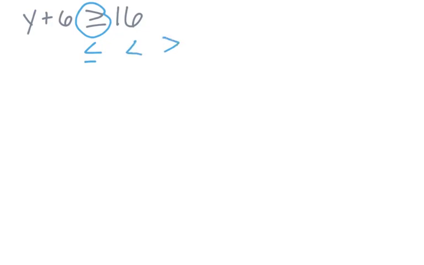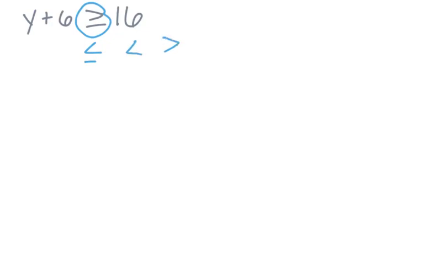Our next one is y plus 6 is greater than or equal to 16. And this is an inequality. An inequality is going to have a greater than, less than, greater than or equal to, or less than or equal to. So instead of just an equal sign, you're going to have something that looks like this, or it can look like that, or it might just look like that, or like that.